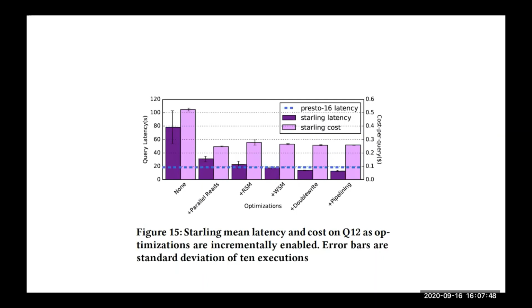I did not talk about pipelining, but what it really is, if a certain set of workers have completed, they trigger the next stage of the process, like shuffling, while the other workers in the upper level are still doing computation. So it's like multiple layers are running at the same time concurrently.